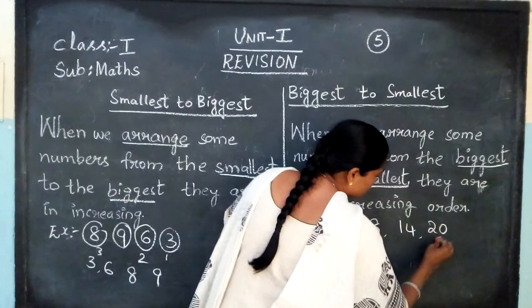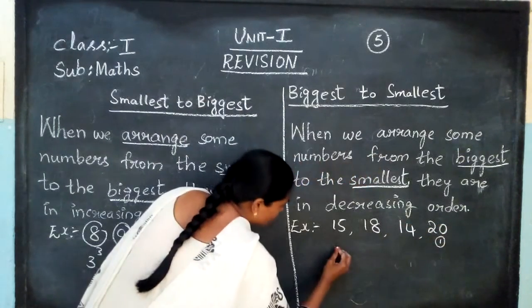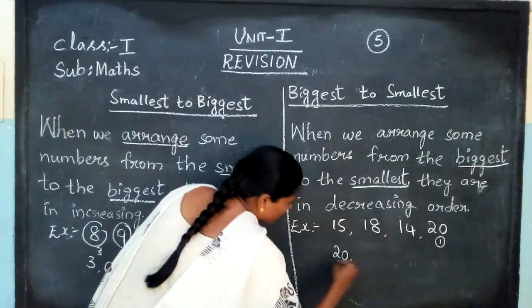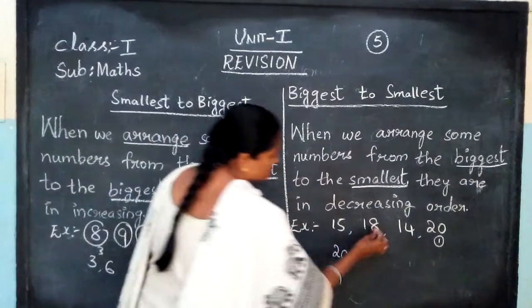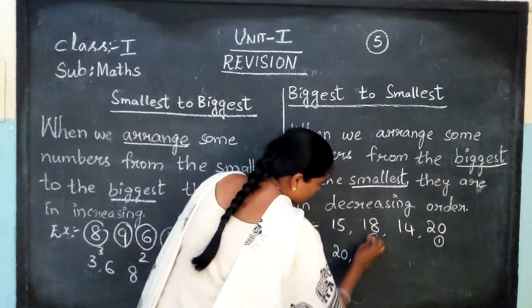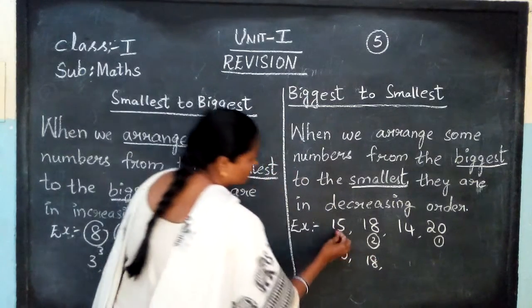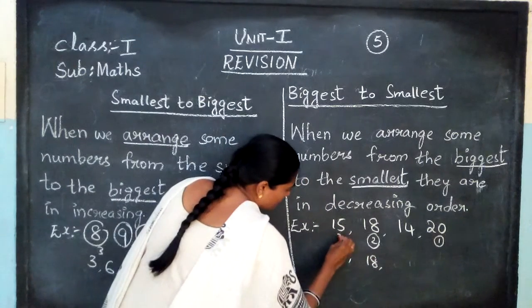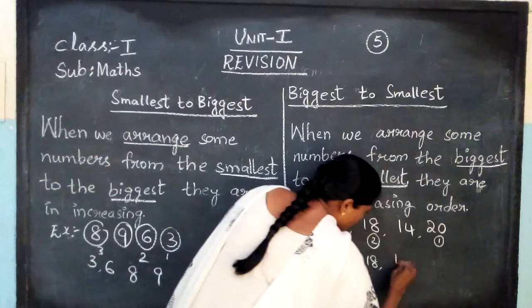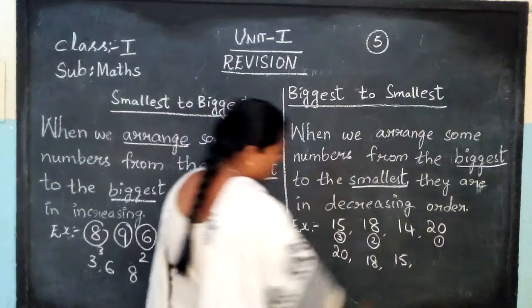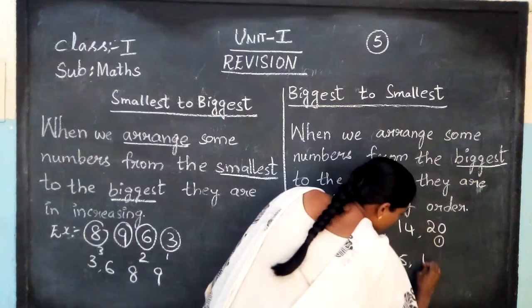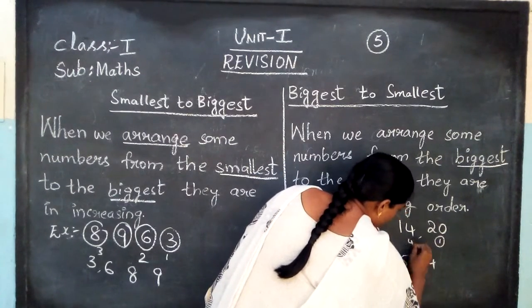Yes, 20 is the big number. First you have to write 20. Next big number is 18. This is the second number. Next big number is 15. Next big number is 14.